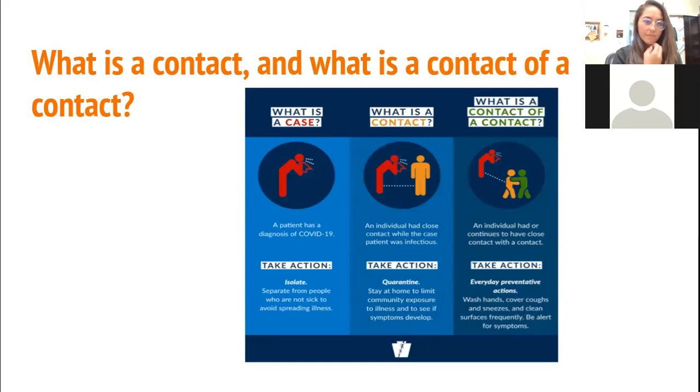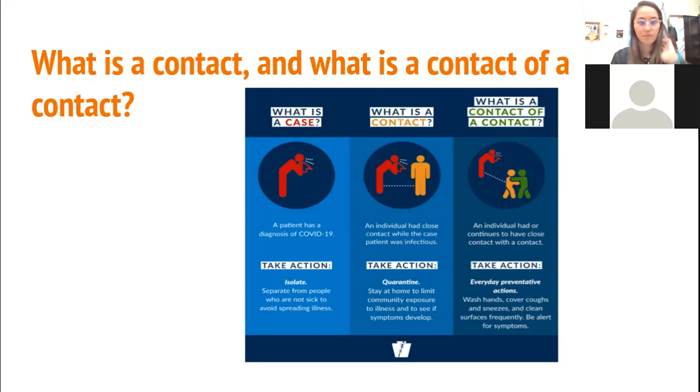What is a contact? A contact is an individual who has had close contact with the case while that patient was infectious. And a contact of a contact is an individual who has had close contact with the contact of the positive case.